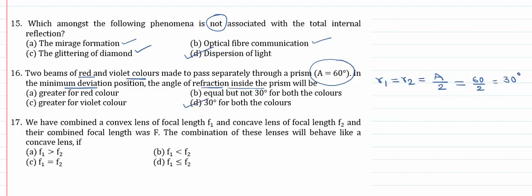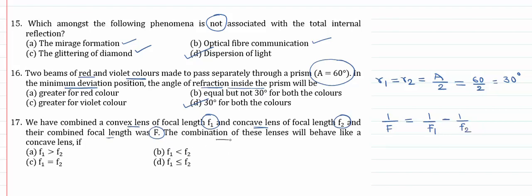17th. We have combined a convex lens of focal length f1 and a concave lens of focal length f2, and their combined focal length is F. For a combination of lenses, 1 by F is equal to 1 by f1 for the convex lens, and minus 1 by f2 for the concave lens.